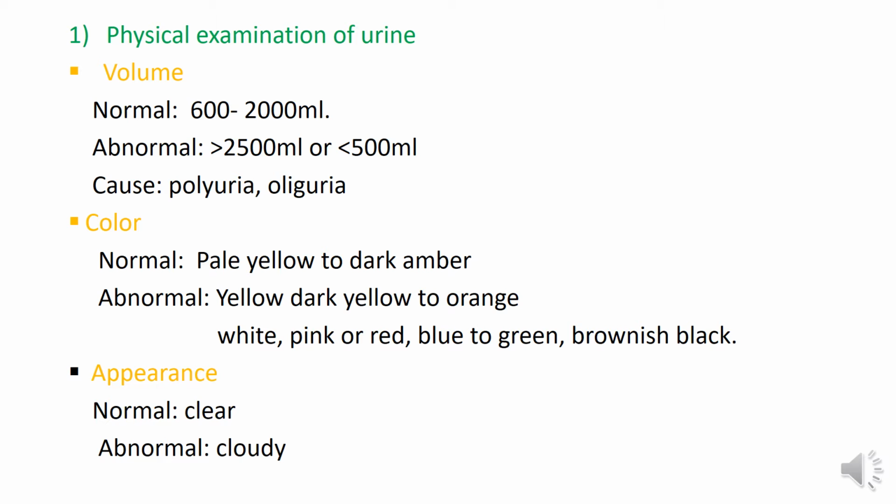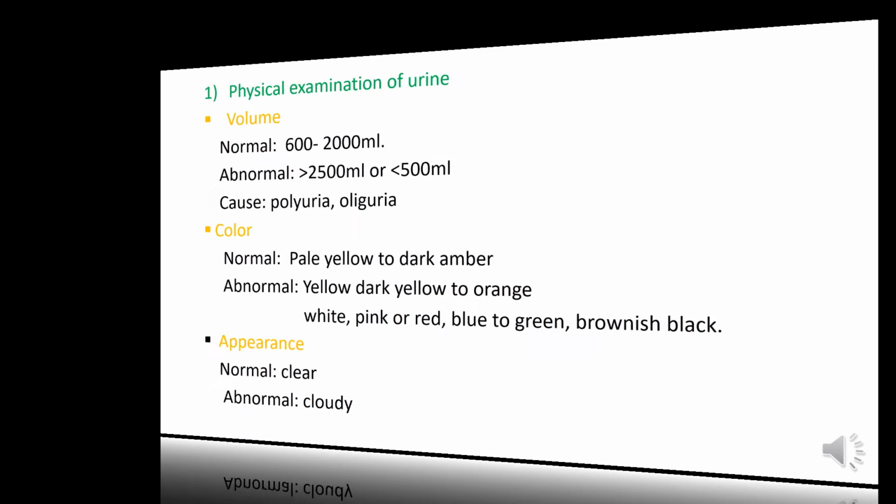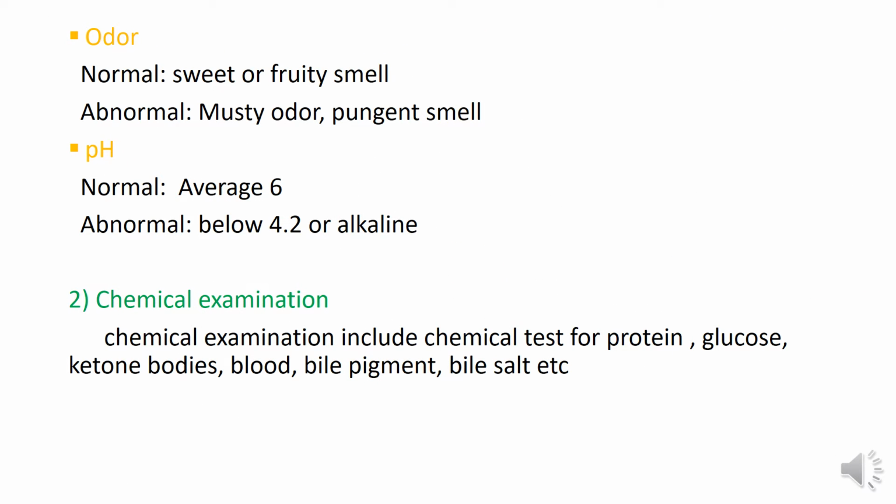Next is the appearance. Appearance of urine must be clear, but in an abnormal condition the appearance of urine is cloudy. If there is any infection due to any bacteria or pathogen, the urine becomes cloudy. Next is odor.